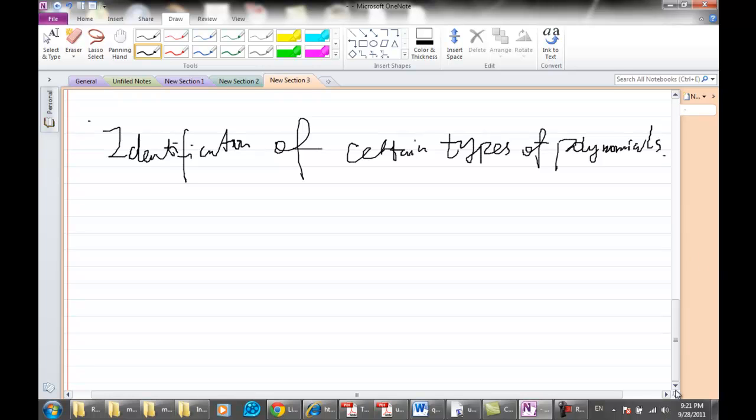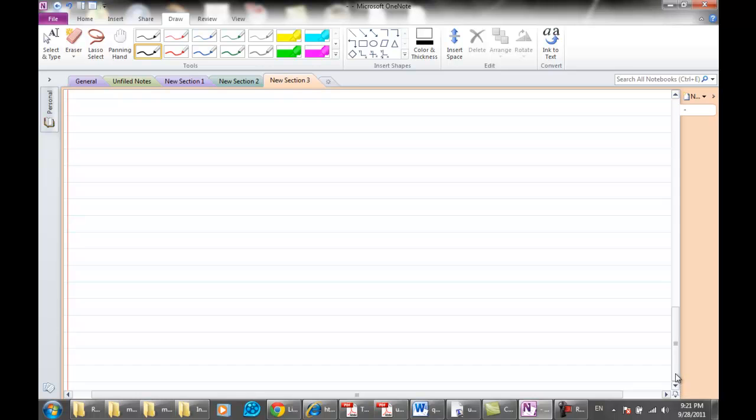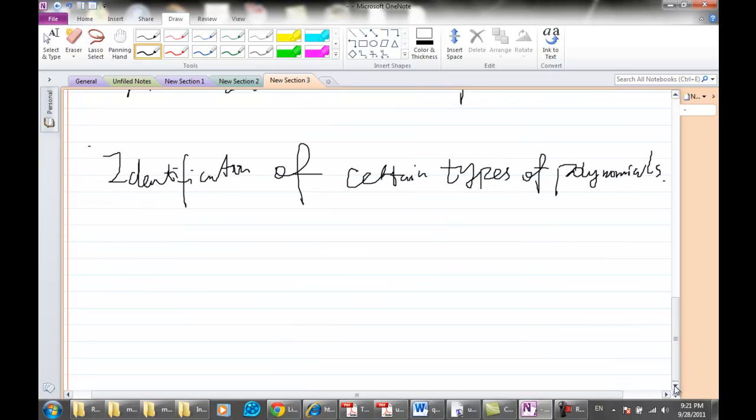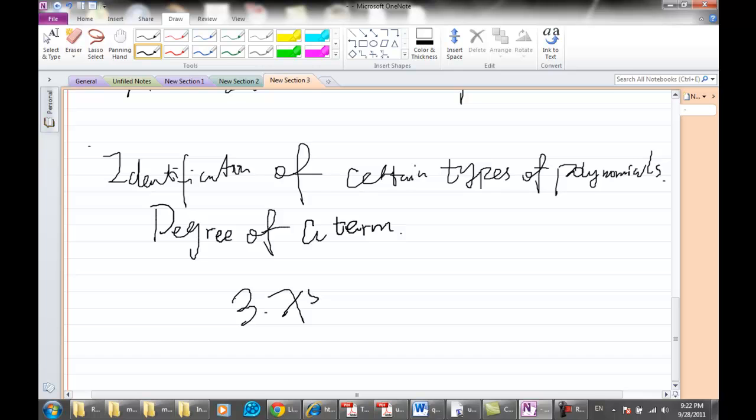There is one important concept that we have to talk about, which is called the degree of a term. The degree of a term in a polynomial is the power of the variable present in the form like 3 times x to the fifth power.